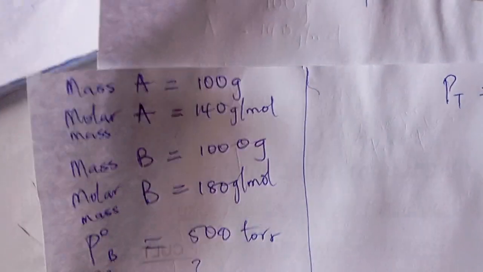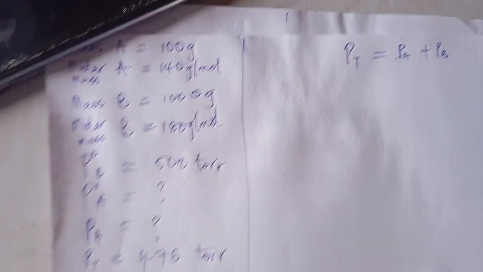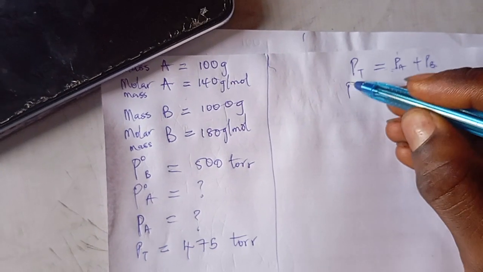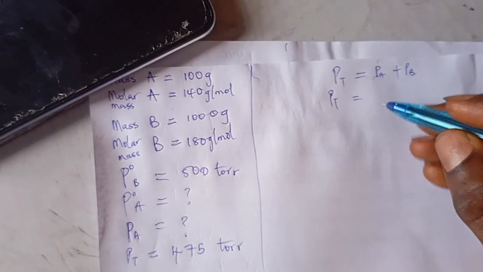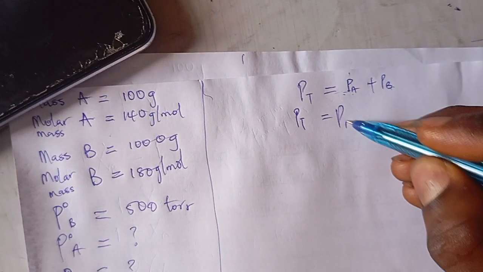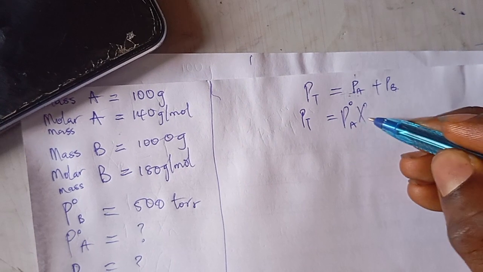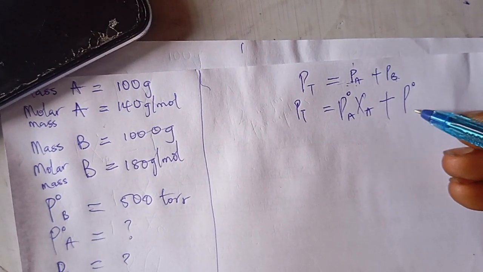If I know this law, what it means is that applying Raoult's law, I can also know that PT equals PA, according to Raoult's law, is P naught A XA plus PB, which is the same thing as P naught B XB.